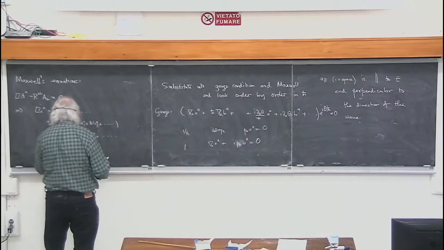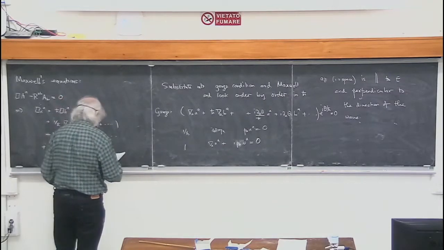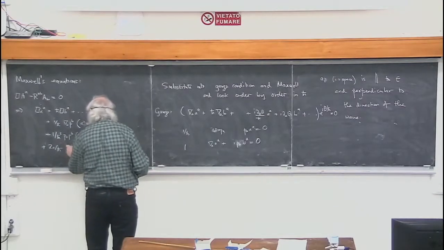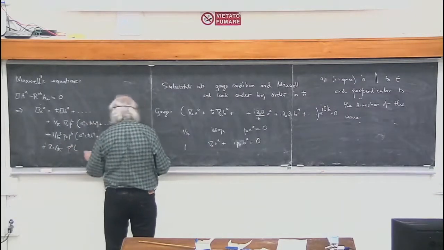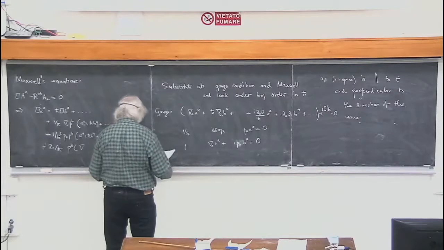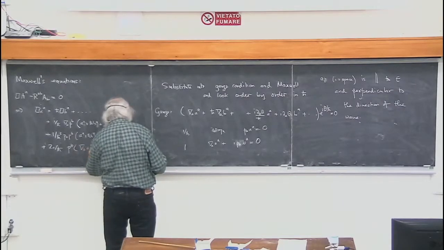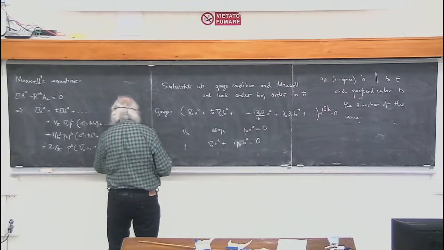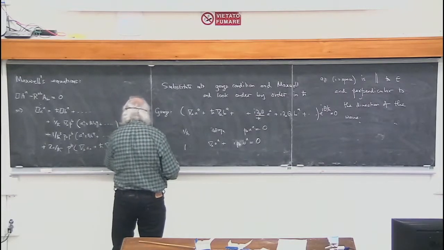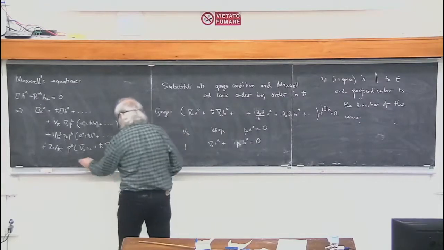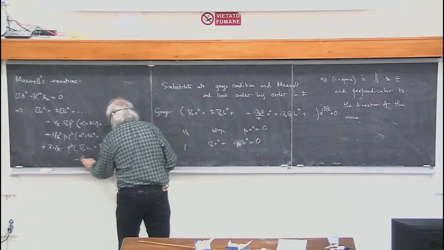Plus 2i over ħ into P^B ∇_B of A^A plus ħ ∇_B B^A, etc. And lastly, a term which looks like minus R^A_B.